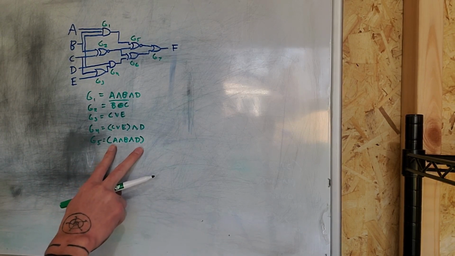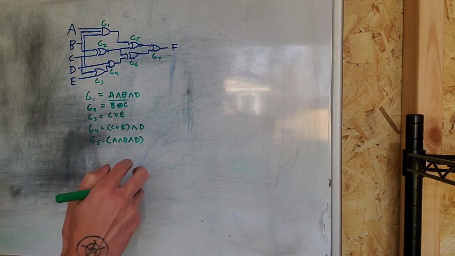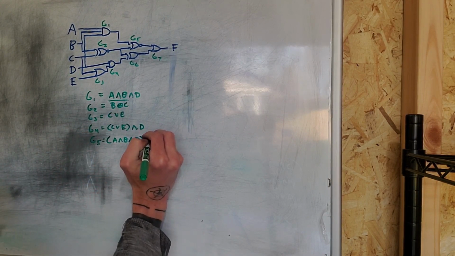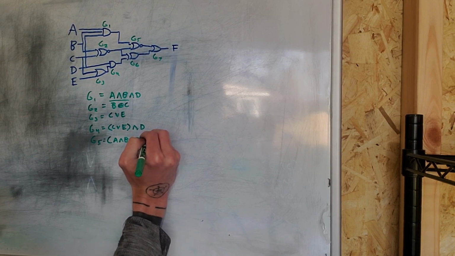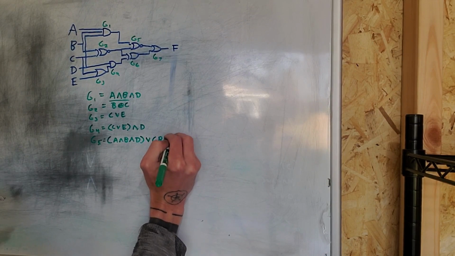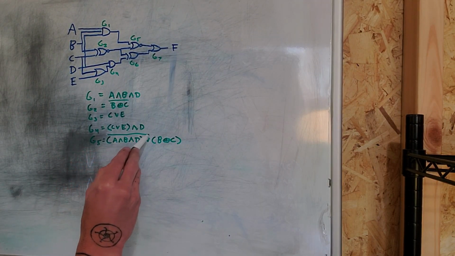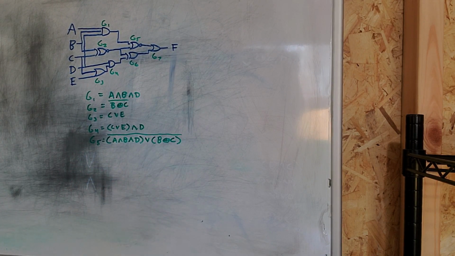So we have G1 here. G2 is B XOR C. So then you're going to be taking the inverse, because it's a NOR gate.